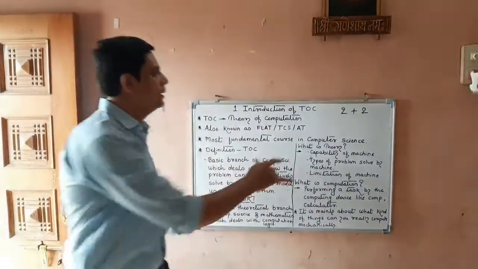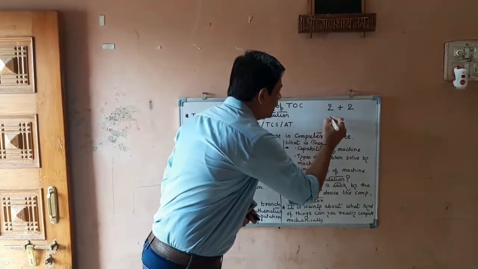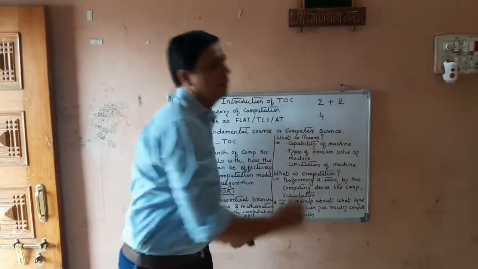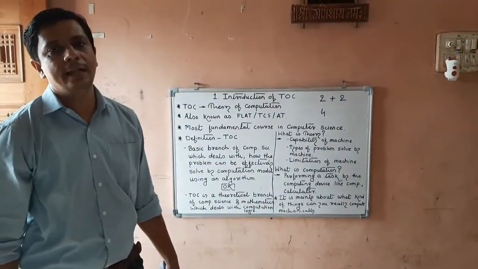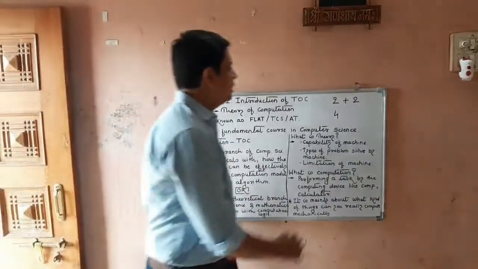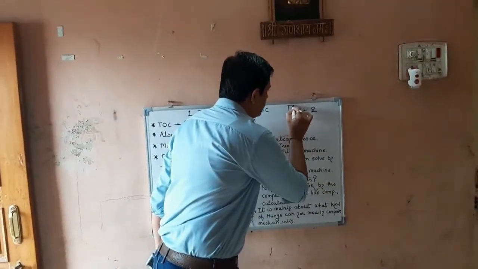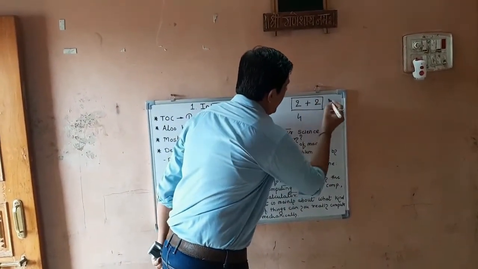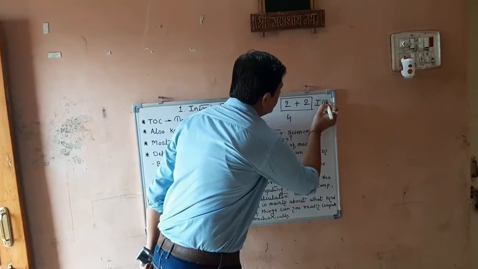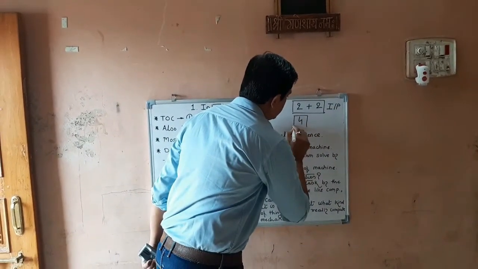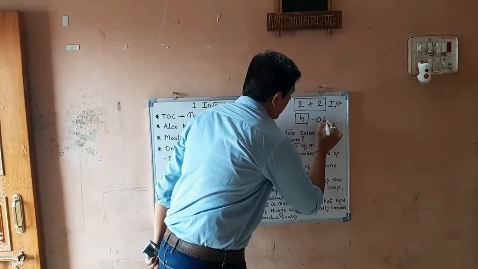I just type 2 plus 2 and the calculator gives me the answer 4. In computation, this is known as input and the answer is known as output.